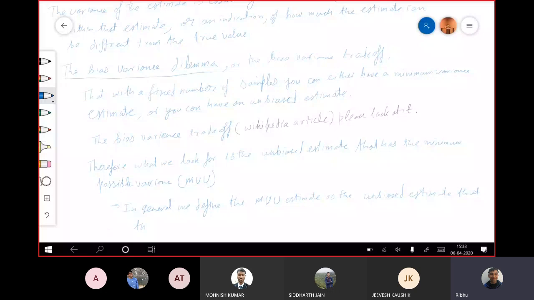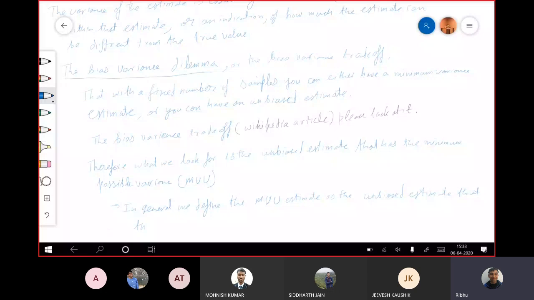Fine. So we define the MVU estimate as the unbiased estimate that has the minimum variance out of all unbiased estimates.